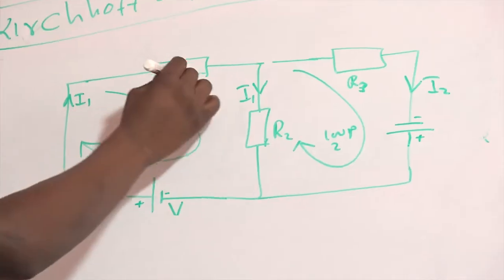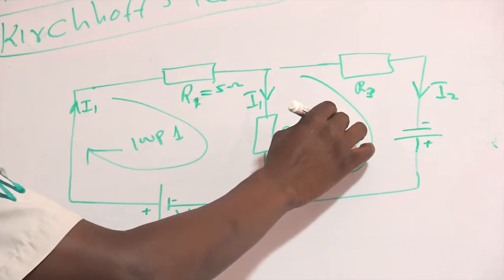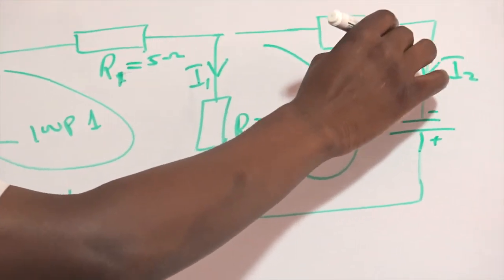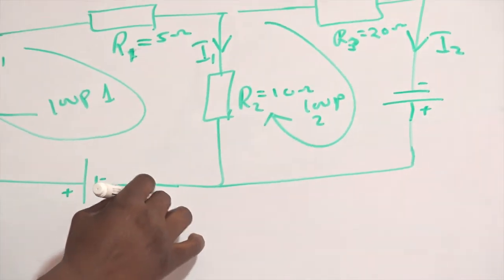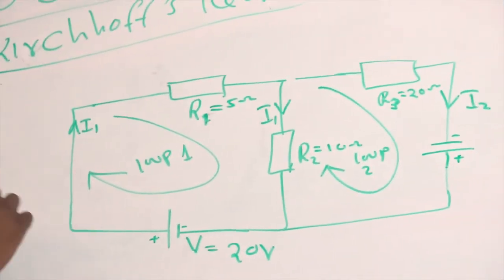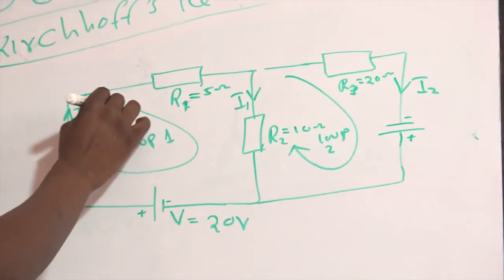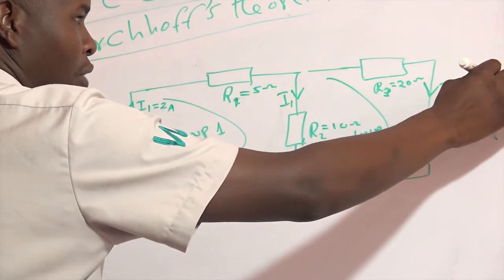And now R1 is 5 ohm, R2 is 10 ohm, and this is 20 ohm. And the voltage here is 20 volts.